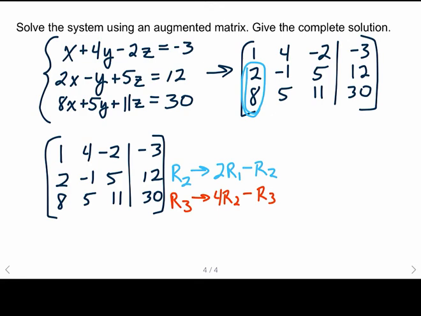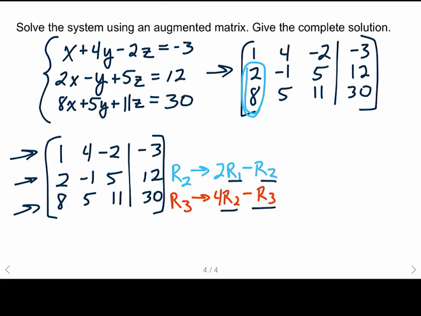I want to note that when I reference rows 1, 2, and 3 right now, I'm referring to the rows as they currently exist in our augmented matrix. Just want to make sure that's clear. If you need to do your work some more, come back to the video.